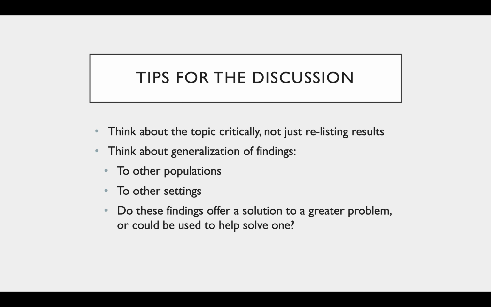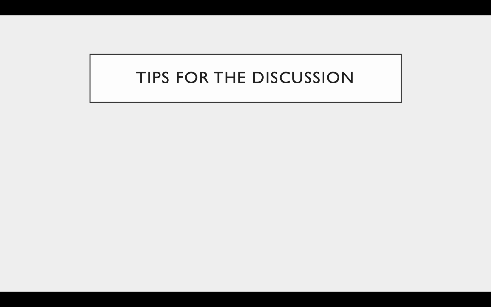Or does your study offer potentially a solution to a broader problem? Or could it help solve something that's weighing down society? Or does it have implications for a bigger social issue? These are the kinds of critical thought that I'm talking about here. So again, not just restating all of your results and relisting them, but talking about what they mean in a broader context.